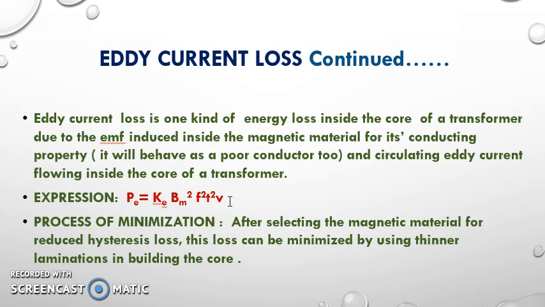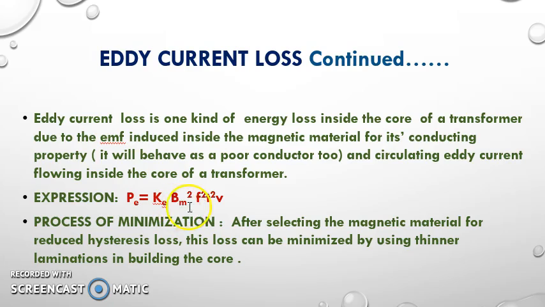So as I already discussed, for reducing the hysteresis loss, we have already selected the material, and the volume of the core is also pre-decided. So we cannot change this V, and Bm and F are dependent on the magnitude and frequency of the supply voltage.